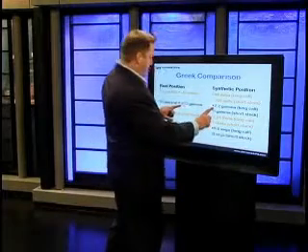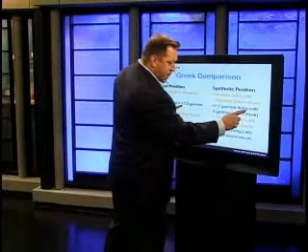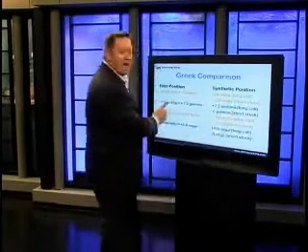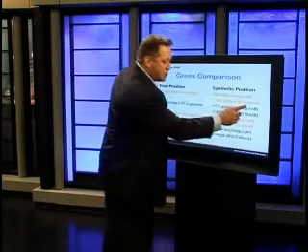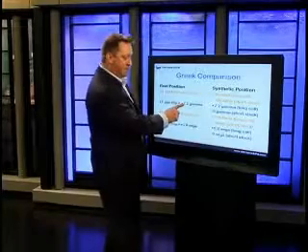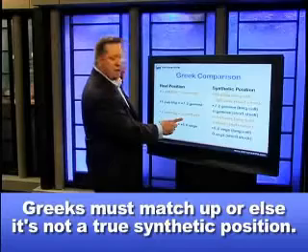These two plus and minuses, if we had one of these as a short option, say if the call was short, it can't match up to the long put because the short call would give us a negative gamma instead of positive. The short call would give us a positive theta instead of the negative.